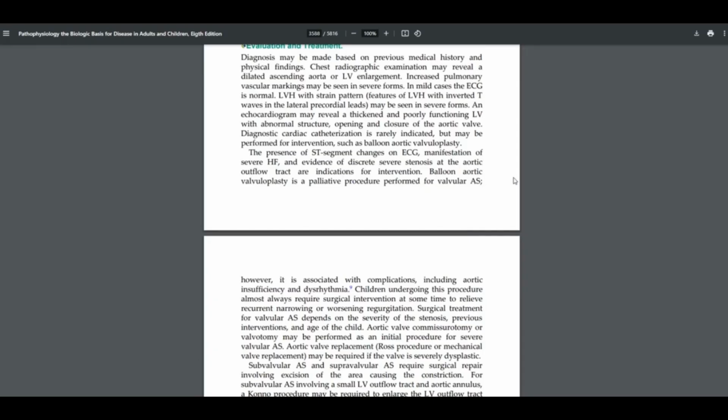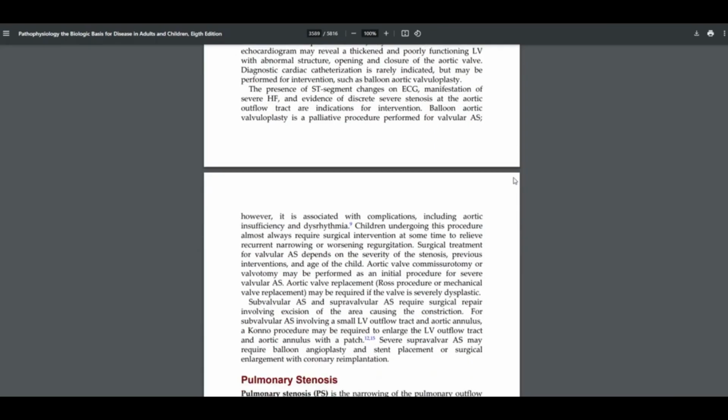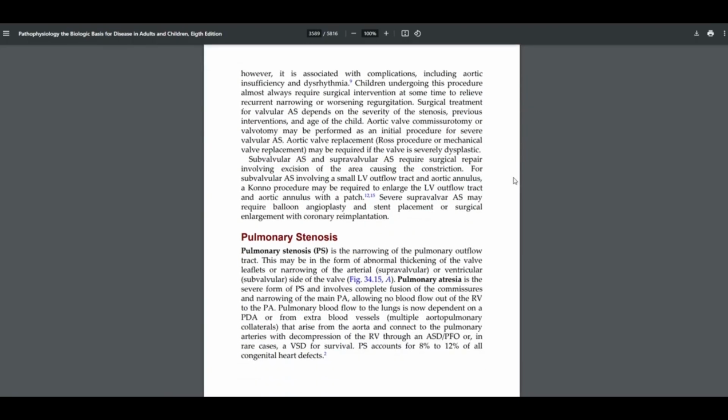Balloon aortic valvuloplasty is a palliative procedure performed for valvular aortic stenosis. However, it is associated with complications, including aortic insufficiency and dysrhythmias.